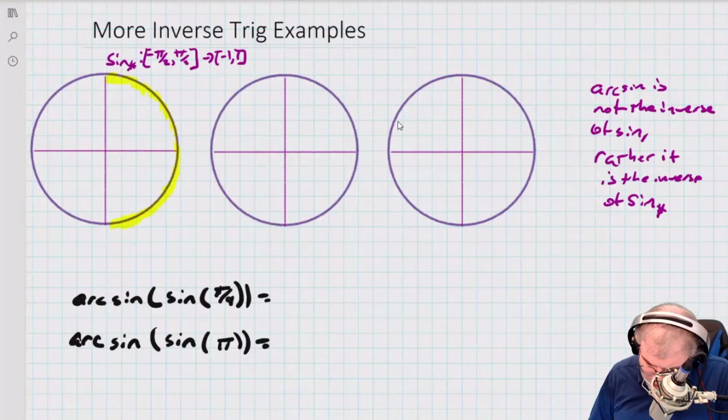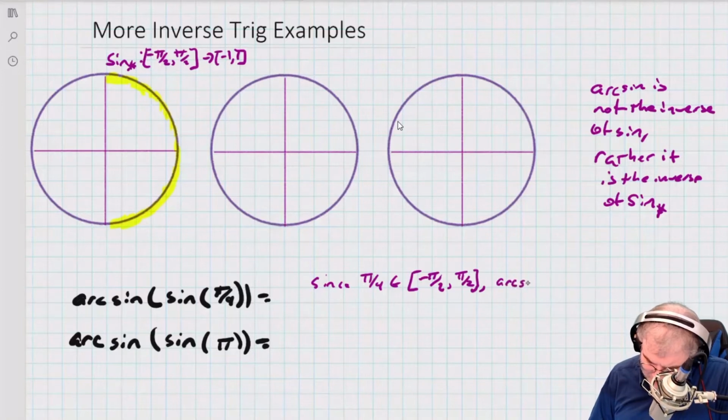So since pi over 4 is in the domain of sine star, I've got arcsine of sine of pi over 4 equals pi over 4.